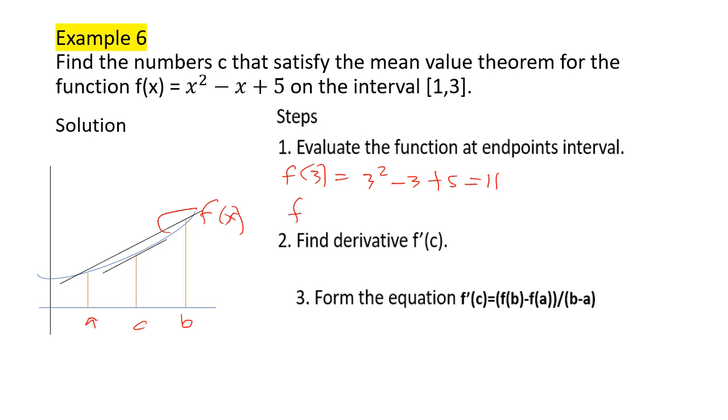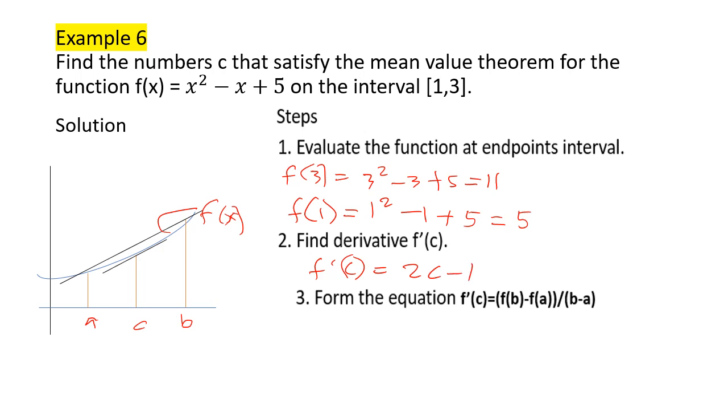Then f of 1 equals 1 squared minus 1 plus 5, which equals 5. So find the derivative: f prime of c equals 2c minus 1.